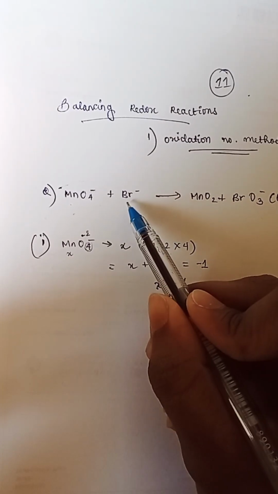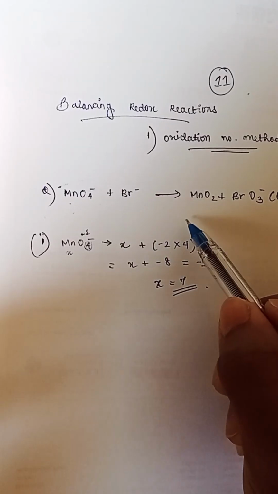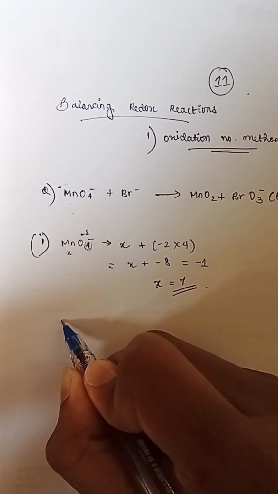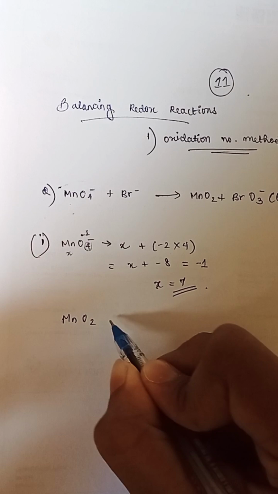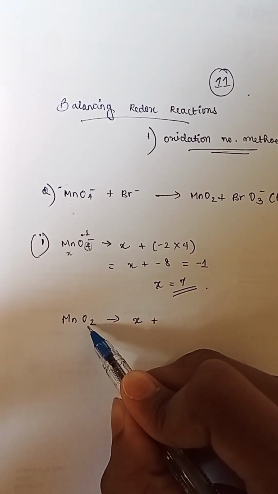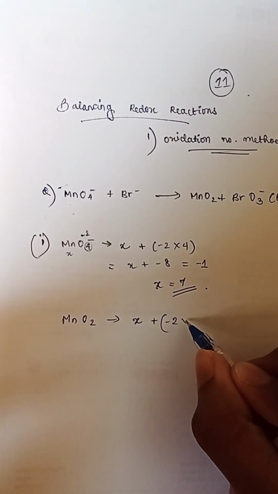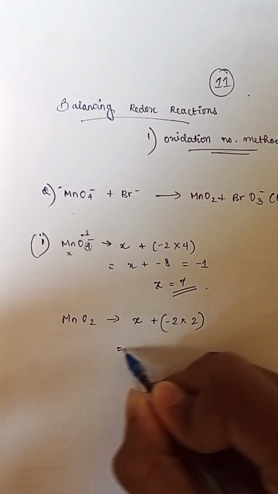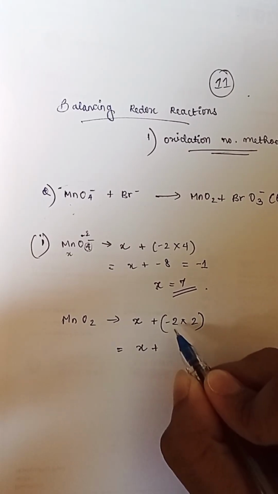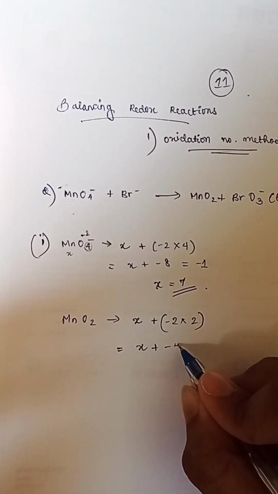Next, we'll find the oxidation number of Mn in MnO2. We'll take x plus the oxidation number of O, minus 2, into 2 oxygens, which is x plus minus 4.